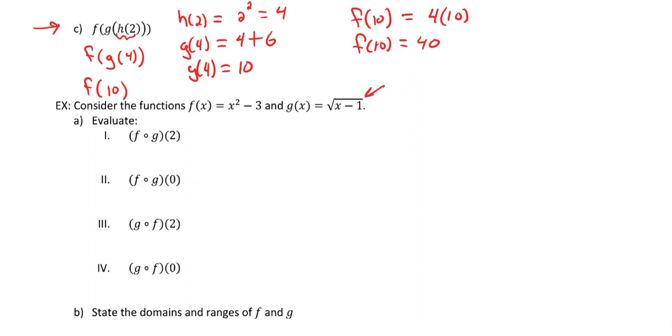I'm going to write this as f of g of 2. And you know what? I'm going to do my little thing with different colors again. And I'll make that red and that purple.